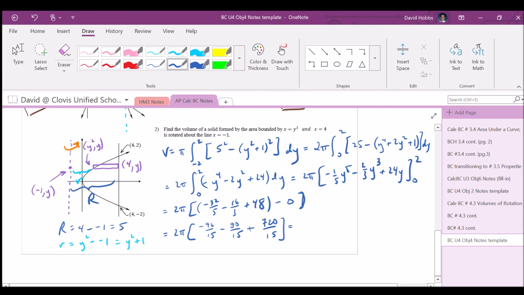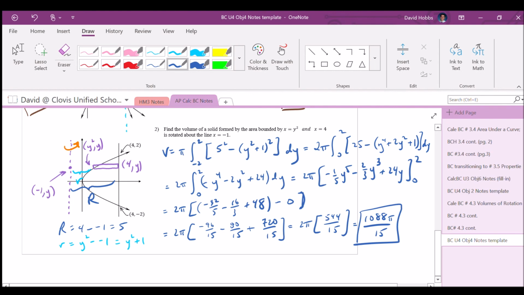And so 720 minus 96, and minus 80, so 624 minus 80, so 544. So 2 pi times 544 over 15, which is 1088 pi over 15.